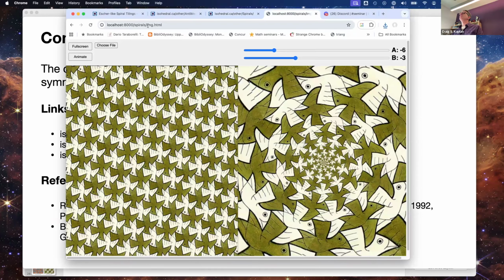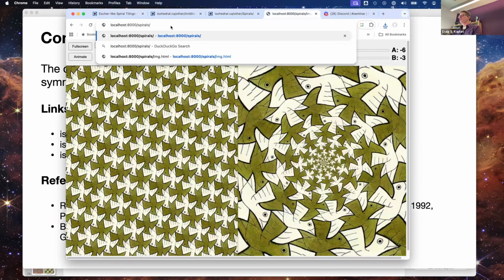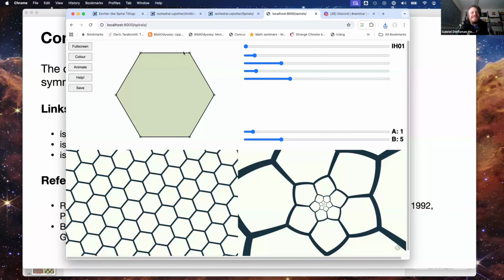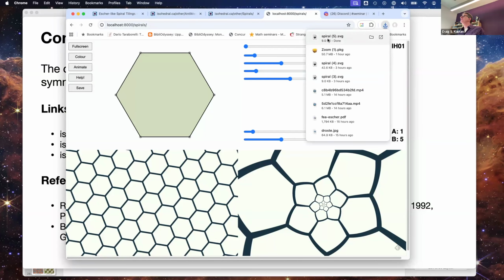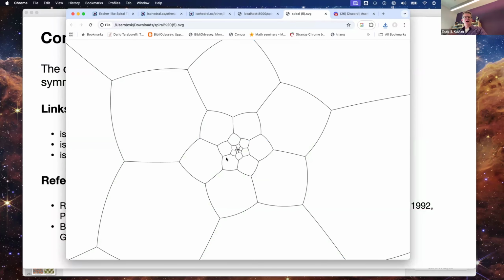Let me see, if you go to localhost:8000, it won't work for you. This is my computer, not your computer. There is a prototype version of this tool where the save button outputs an SVG file, not colored in, and in this case, constant width edges.